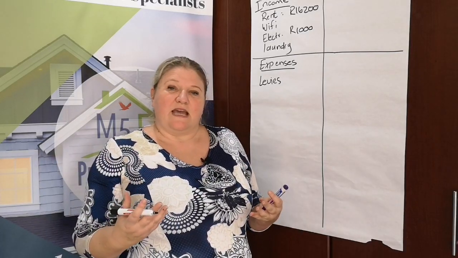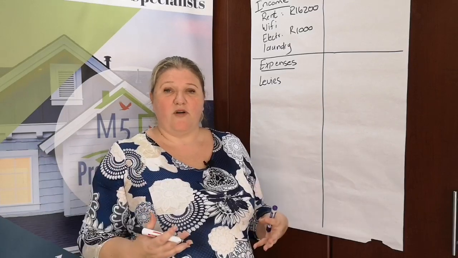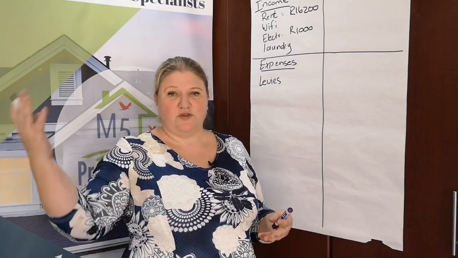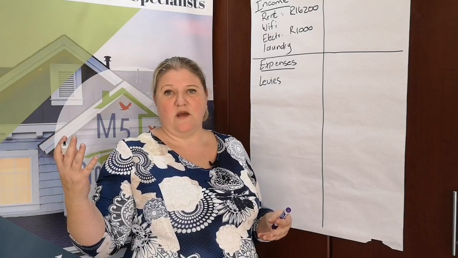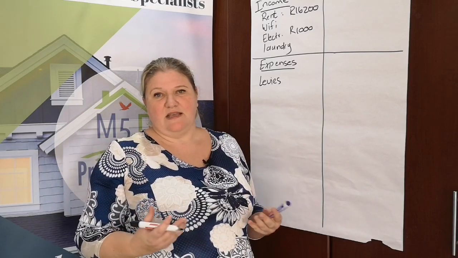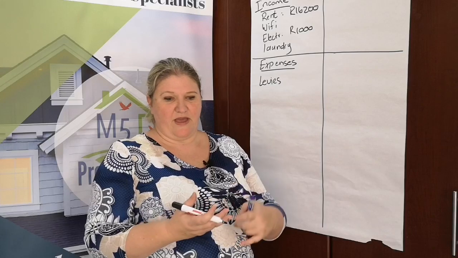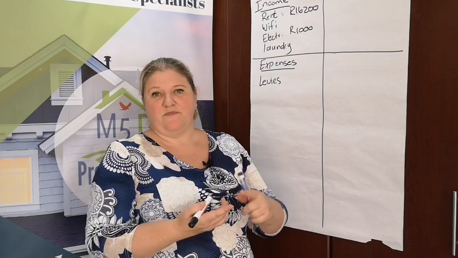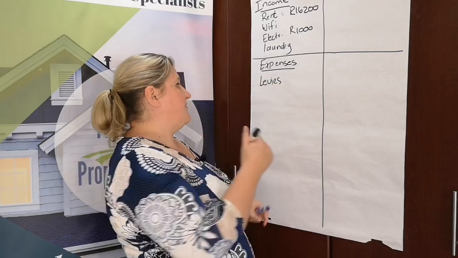And those are things that need to be paid by the homeowners in that estate to the homeowners association or the body corporate to maintain the common areas in the estate, like your roads, your pavements, your lights, the parks, if there's maybe parks and things in there. So that's what that money is for.